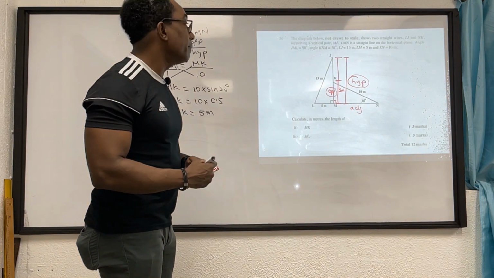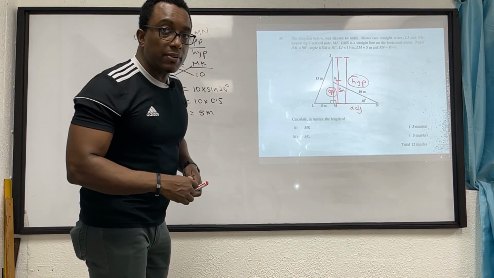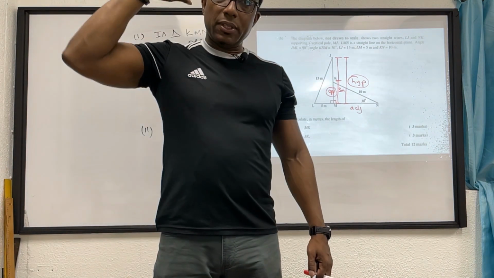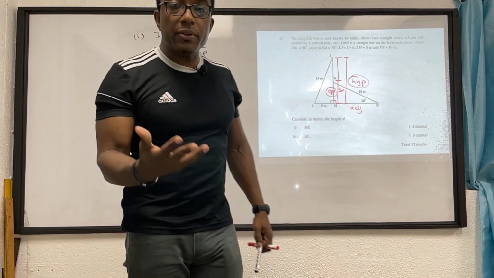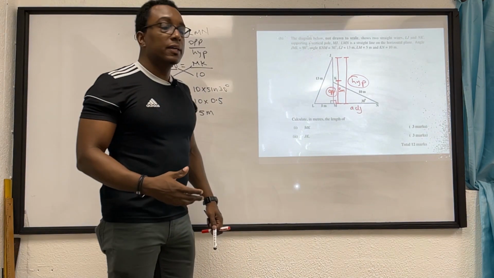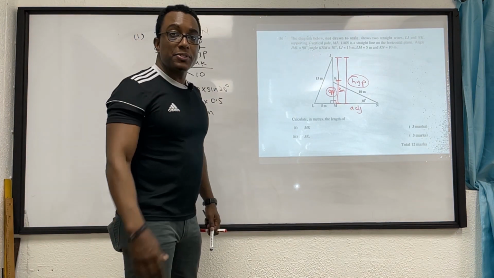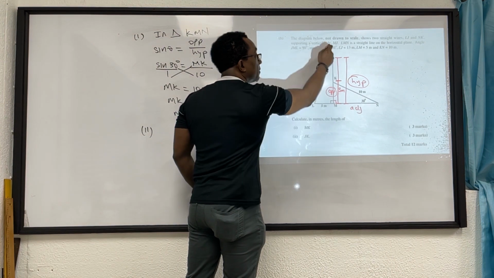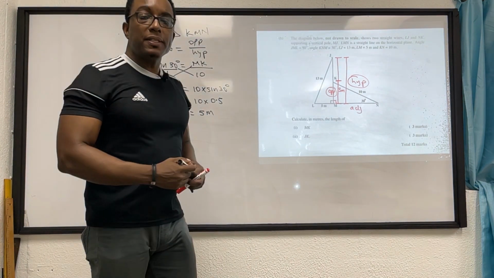In looking at that right angle triangle, what do we observe? Again, what is a right angle triangle? What should come to mind? Pythagoras theorem or trigonometry. In this case, clearly we're going to use Pythagoras theorem because we have information for two sides to determine the third side. So let's use Pythagoras theorem.